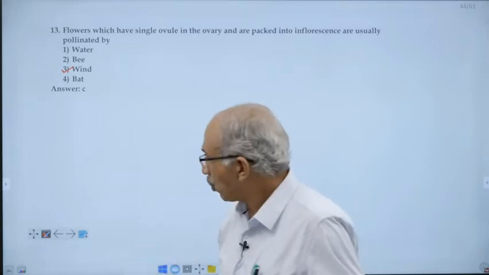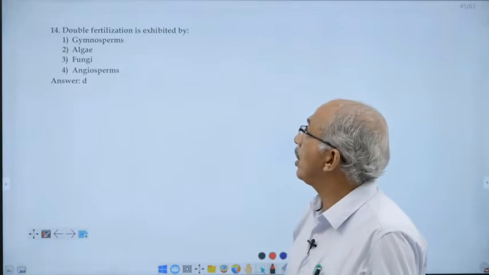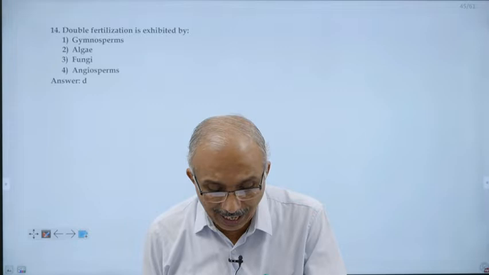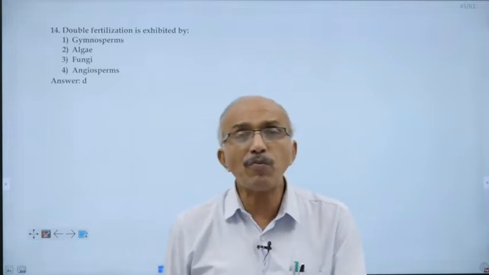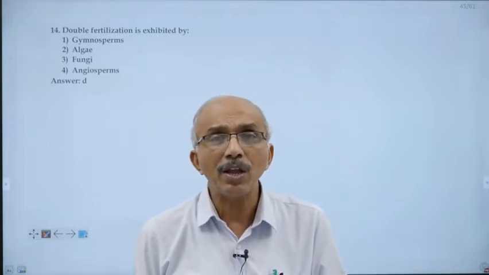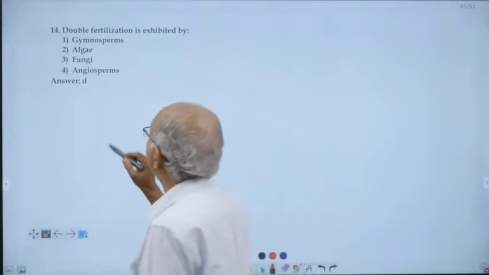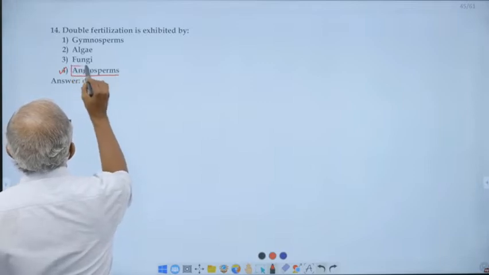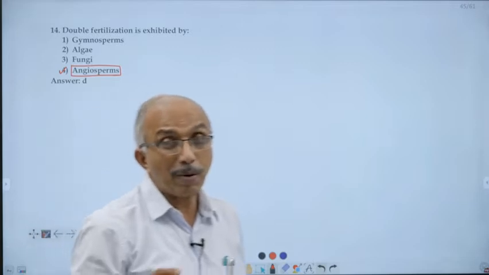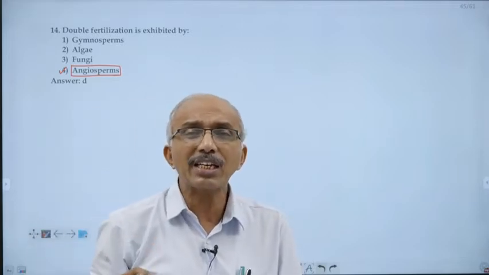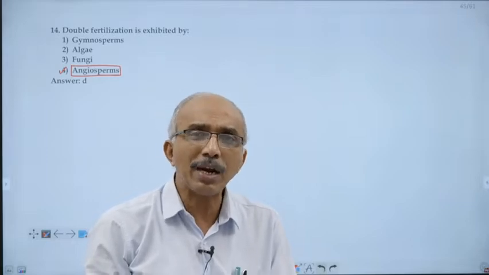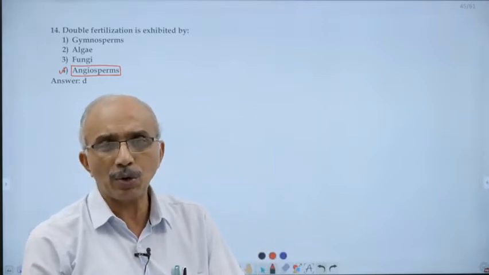Next, question number 14. Double fertilization is exhibited by only angiosperms. So double fertilization is a unique character of angiosperm. There are some unique characters for each plant group, and you should remember the unique character of the plant group.